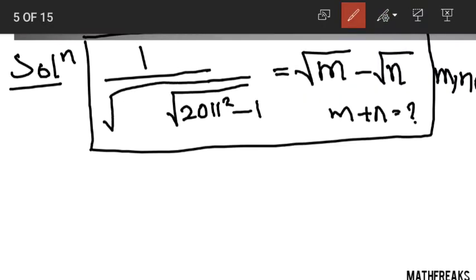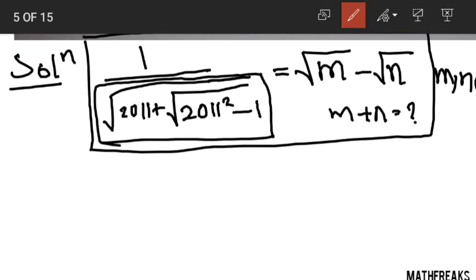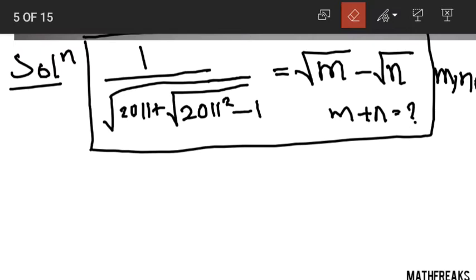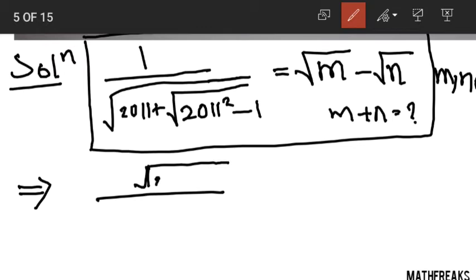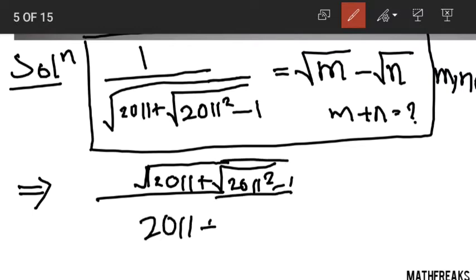Now to rationalize it, what we can do is just multiply with the same denominator, right? So if we do it, I'm just experimenting, I don't know if the result will come with this.